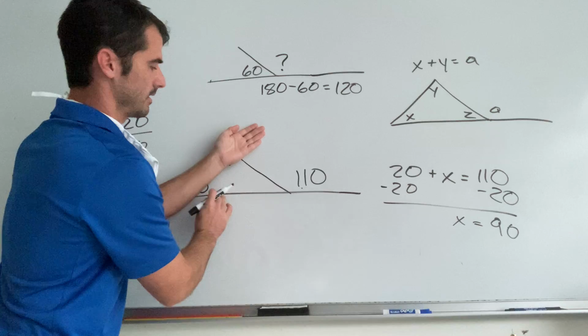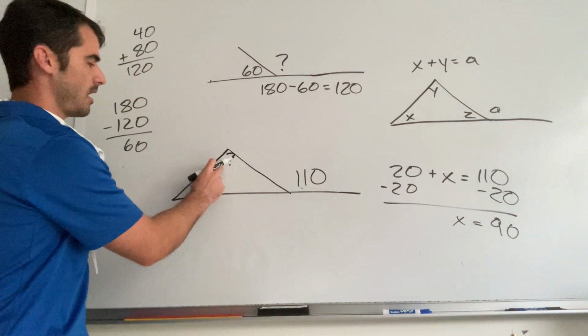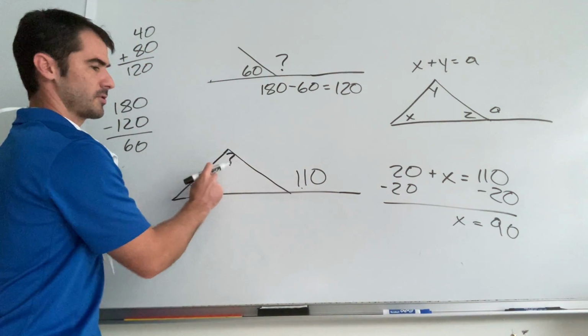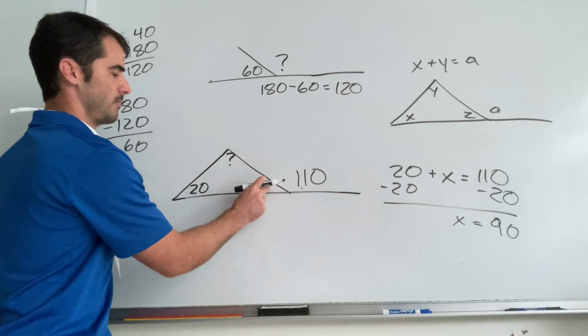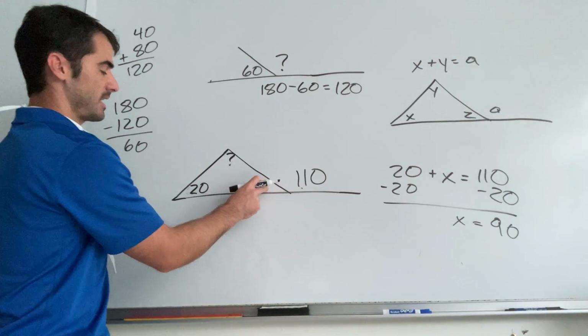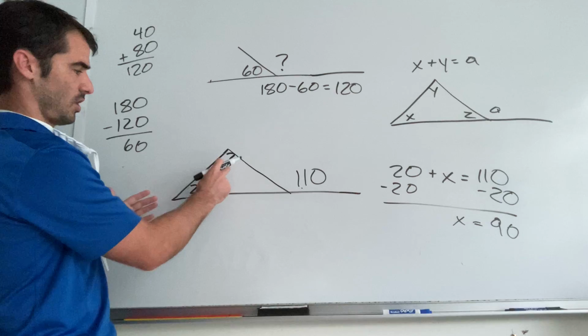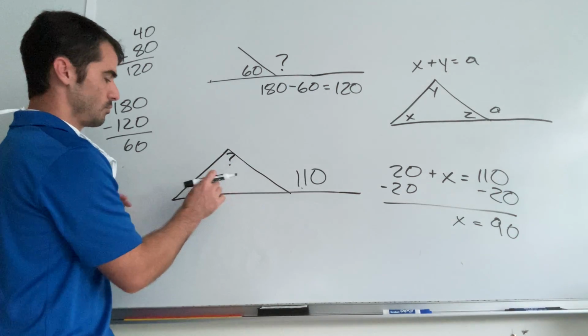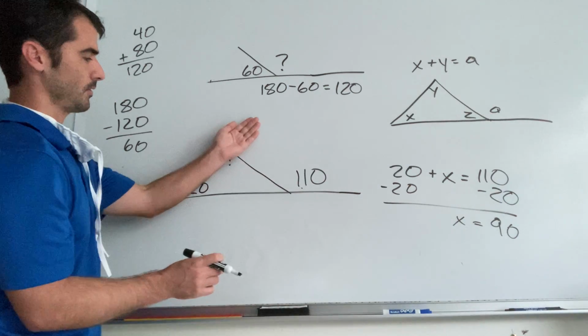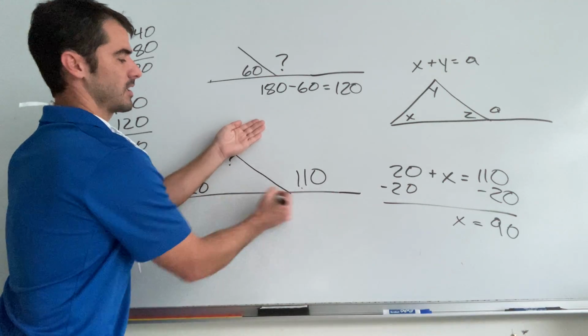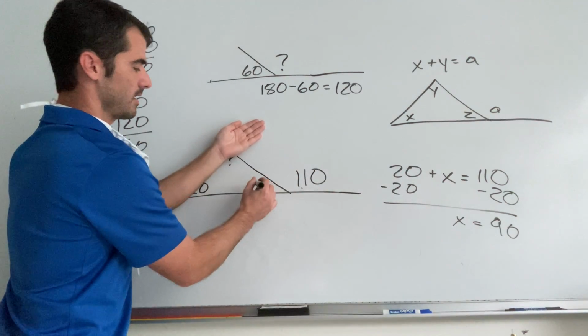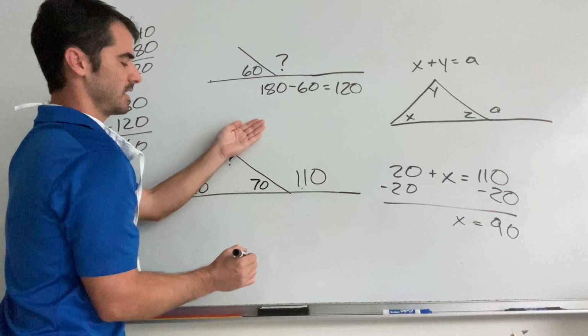We have a straight line, okay? And right now, if I said, what's this? It's inside a triangle, but I'm missing one of the important pieces of information that I need to find. In order to solve for a missing angle, I've got to at least know two of them. So I can find this. Let's cover it, okay? Straight line's worth 180 degrees. If 110's over there, that means that there is 70 here.